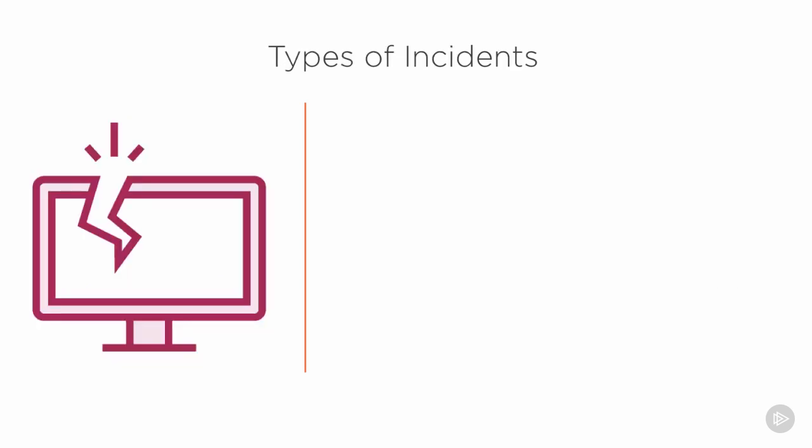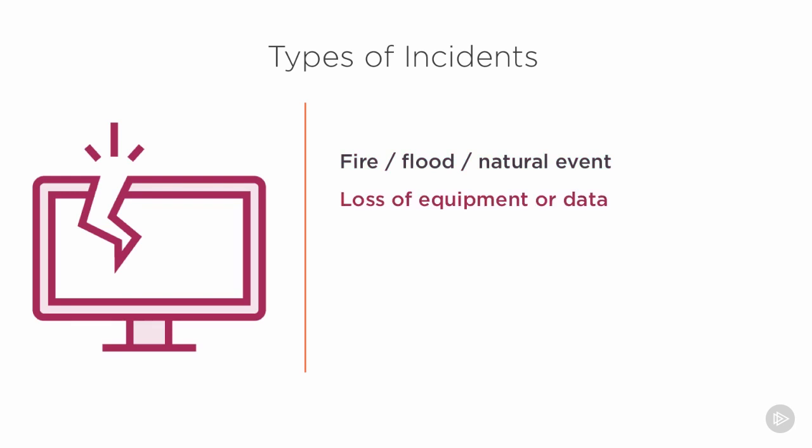There are many types of incidents we should be ready for. Obviously, natural events: storms, fires, floods, hurricanes, tornadoes, earthquakes, all the various natural events that can happen. But there are also incidents related to theft or even loss of equipment or data. There's the problem of a breach of privacy, a person getting in and stealing, say, customer or even employee data.